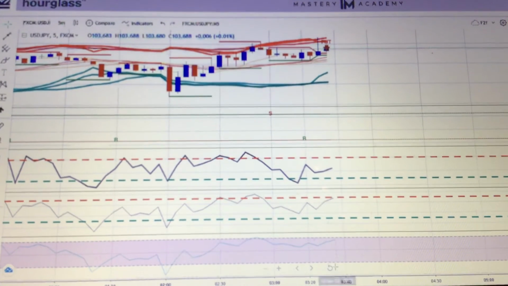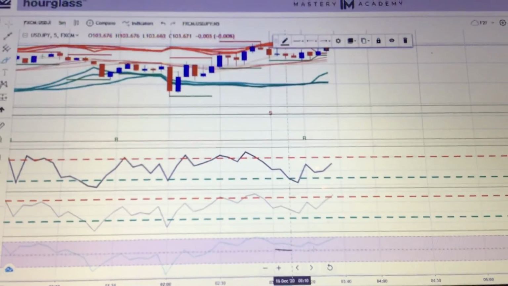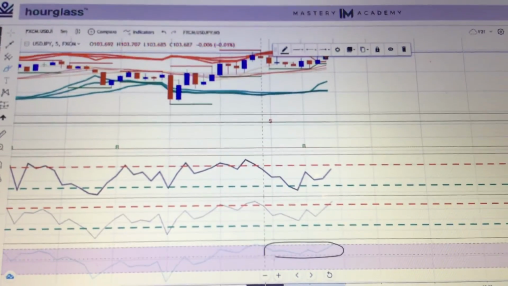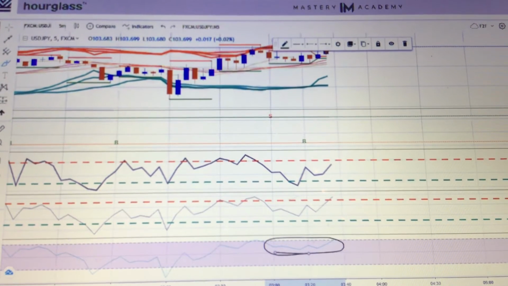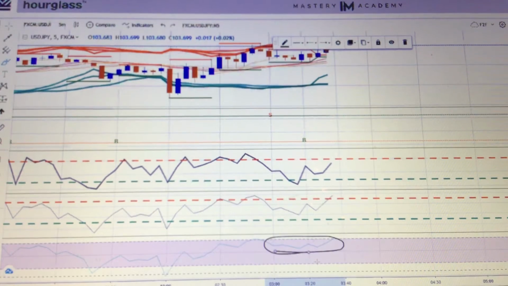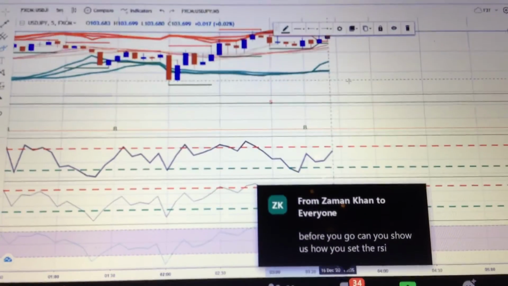Okay, and it's nice to see that the RSI is actually in the top half of your shaded part of the RSI between the 60 and 40. So that's giving me an indication that this movement is still moving upward.